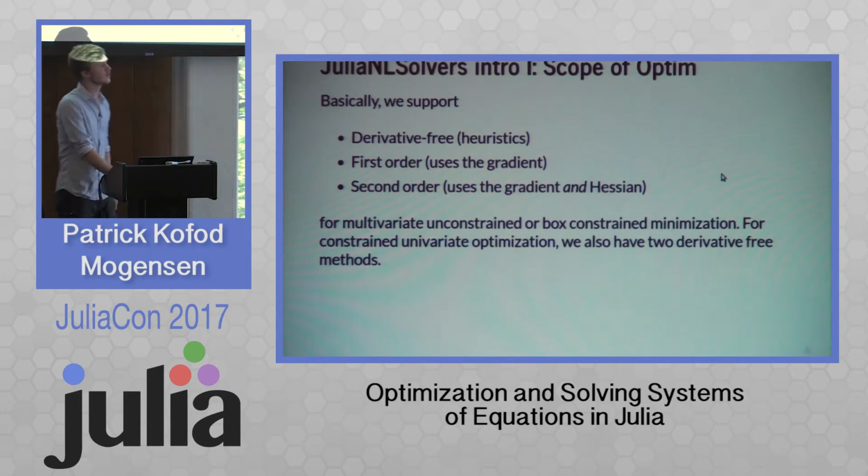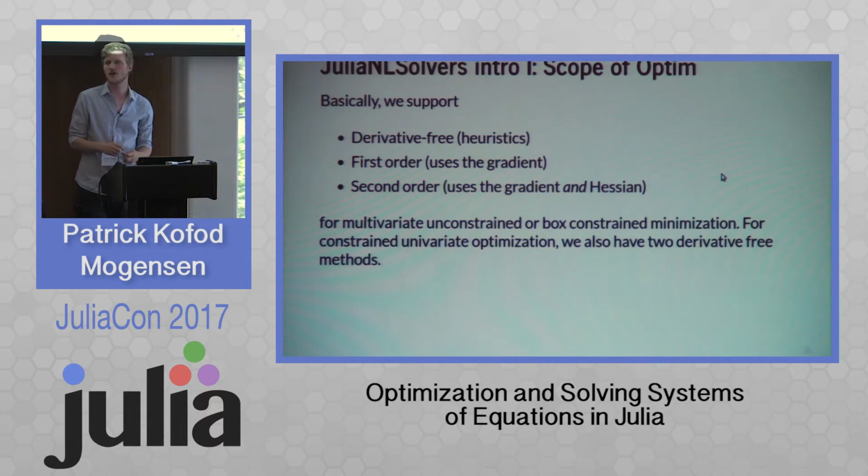Anyway, so what is the scope of Optim? Well, we have some different types of methods for minimizing functions. We have derivative-free methods, and they're sort of like heuristic methods. They propose some rule that will probably give you a low value of your objective function, but it may not always be obvious why that is.